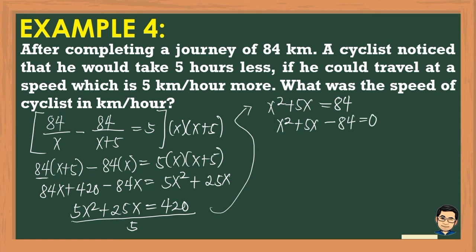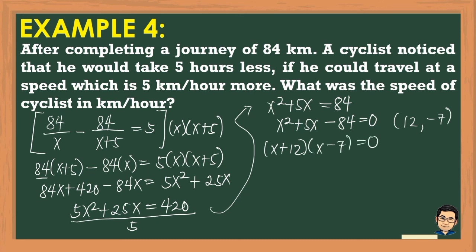Now, using factoring, so what are the factors of negative 84 that when added will give a sum of 5? So, yung factors po niya, 12 and negative 7. So, that will become x plus 12 times x minus 7 is equal to 0.